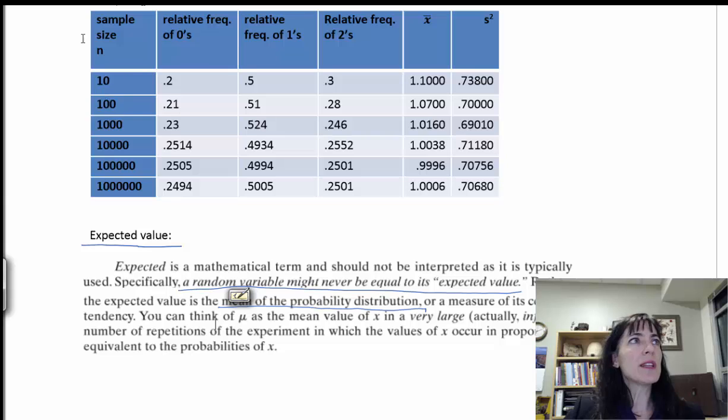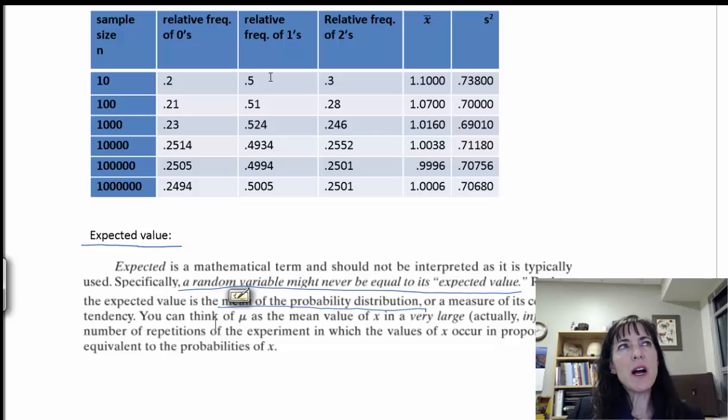Now, if we look at this chart up here on top, this is showing a sample size of n. So we start with a sample size of 10. That means we did 10 experiments, and the frequency of having no heads showing was 0.2, which means 20% of the time. Exactly 50% of the time we had 1 head showing, and then 30% of the time we had 2 heads showing.